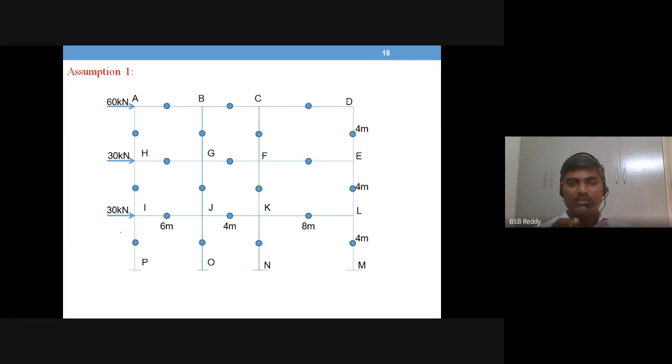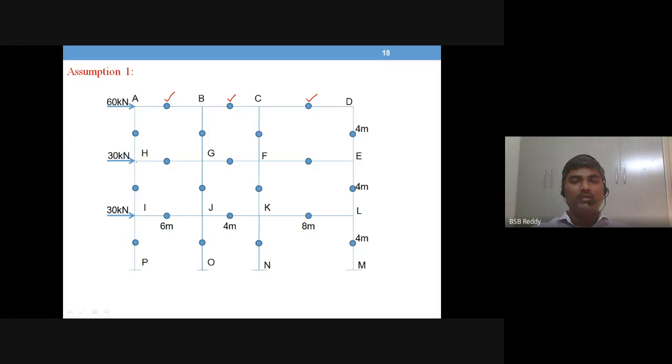That is, each member has a point of contraflexure at its middle. Say in each member, you put an internal hinge, an imaginary hinge. Albert Smith assumed that each member will have zero bending moment in the middle. This is the assumption.